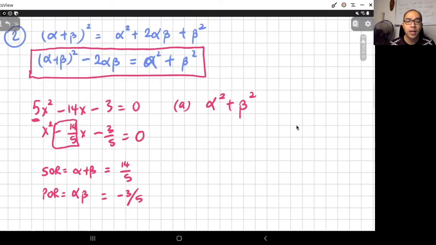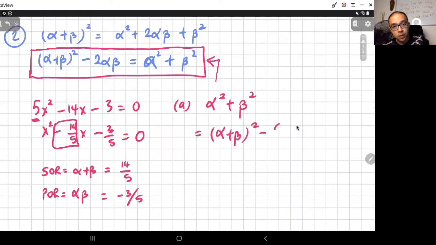Okay, never mind. All right, so alpha squared plus beta squared, if we follow this, is actually alpha plus beta squared minus 2 alpha beta. And do we have the values of alpha plus beta? Of course we have. Do we have the values of alpha beta? Of course we have. Why do you want to go through the trouble of finding the value of alpha and beta? Not necessary.